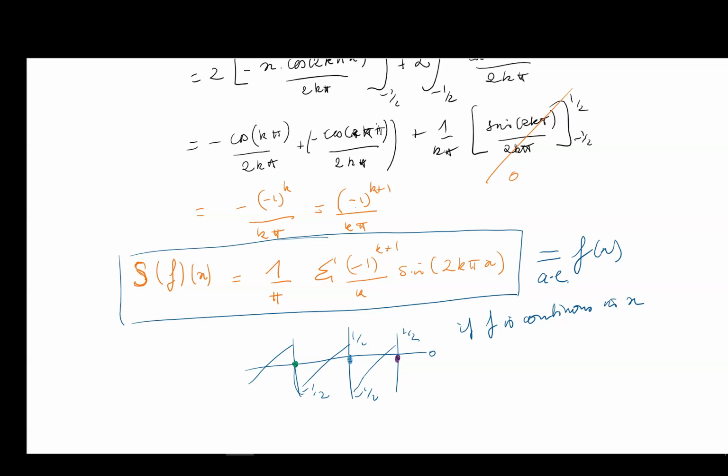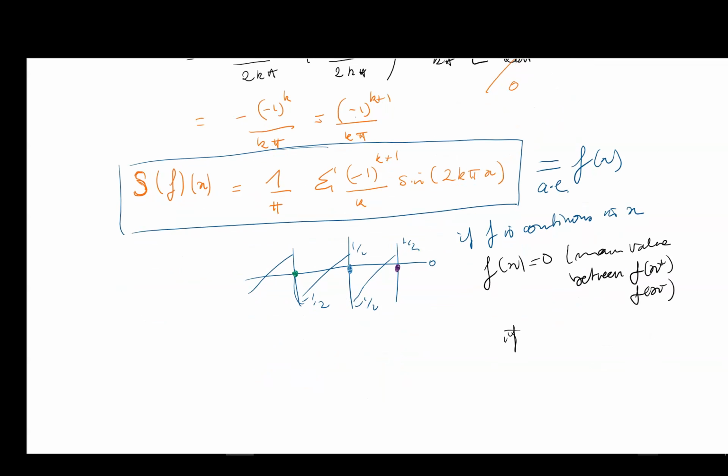So f of x is equal to the mean value between f(x+) and f(x-) if x is a discontinuity point, and we're going to get discontinuities every time we have 1 over 2 plus k, where k belongs to Z, right?